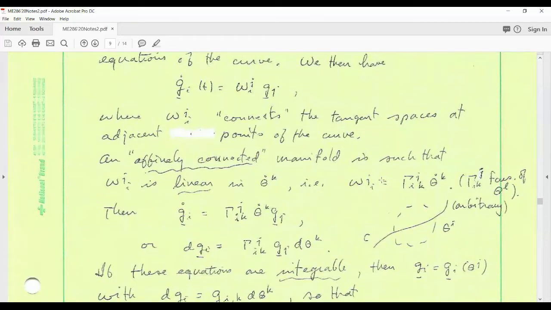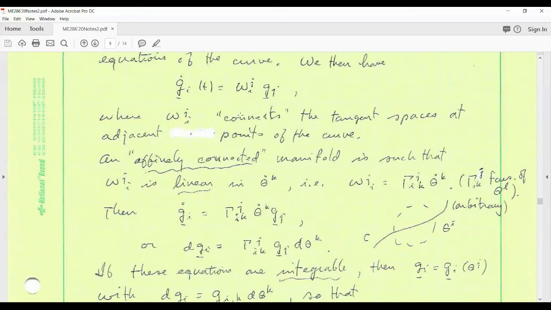So such a linear function will look like this: some collection of coefficients times theta dot k. These are the connection coefficients we've just talked about in our example of Euclidean space. And these are defined then in the enveloping space, the gammas.